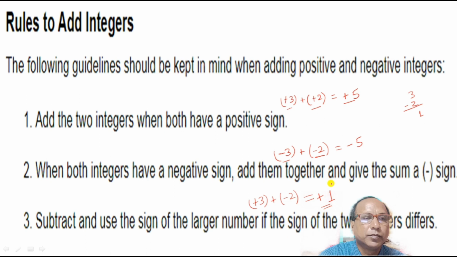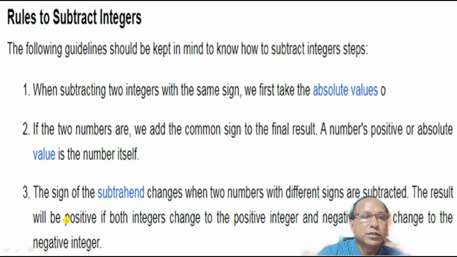And the next one is rules to subtract integers. The following guidelines should be kept in mind to know how to subtract integers. Number 1. When subtracting two integers with the same sign, we first take the absolute values. Number 2.